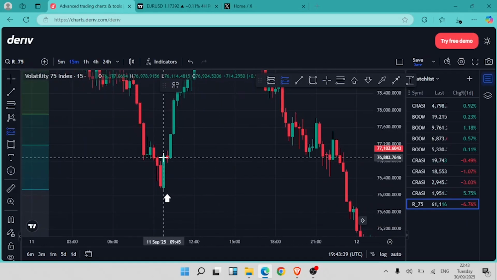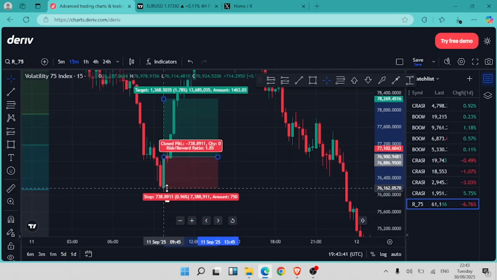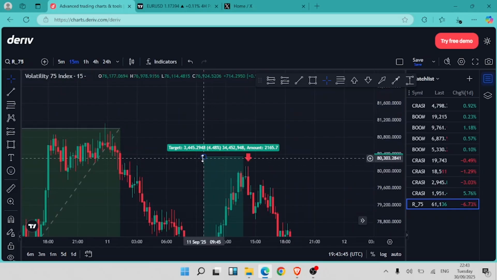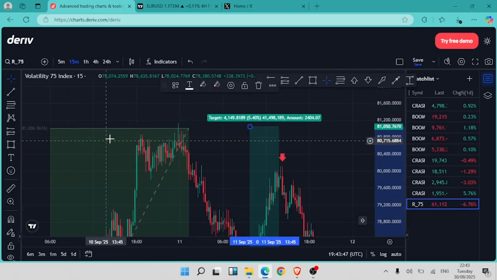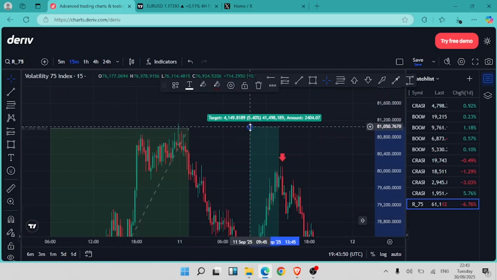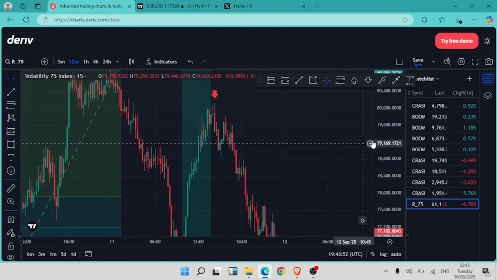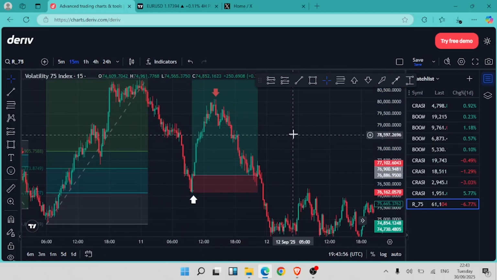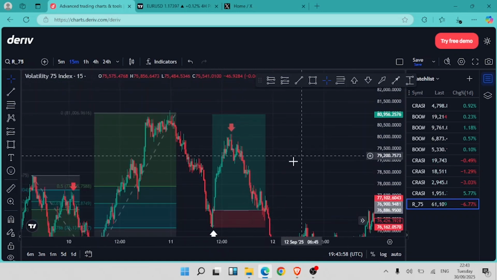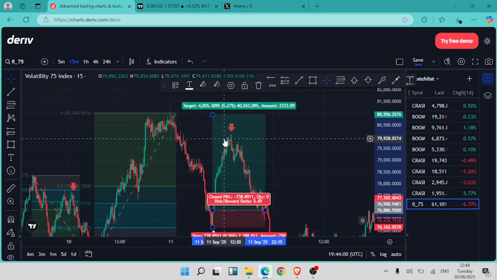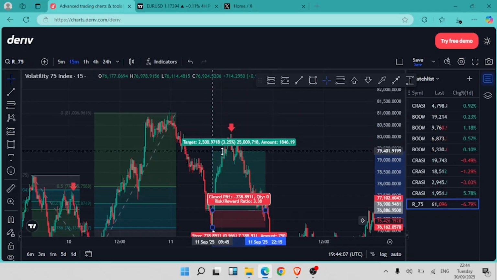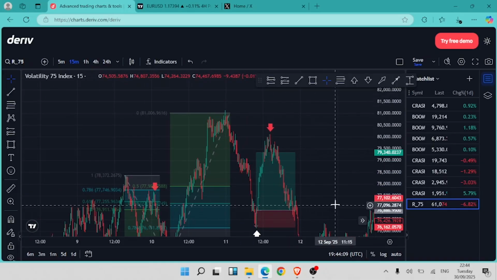The first way is at the close of the candle, stop loss below the engulfing candle, and take profit at this point right here. You can see these relative equal highs that pushed price to the lower side, and unfortunately, if you did not manage your trade well, you hit a stop loss. But this was 5.49. You would have gotten maybe a 4R or a 3R, right, like that.